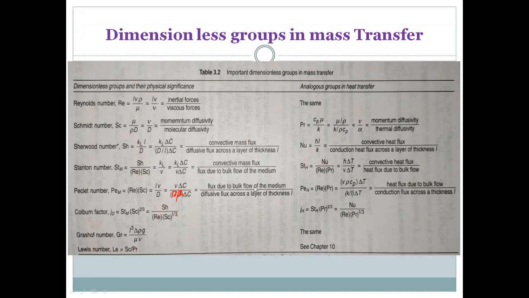Then the Stanton number for heat transfer is convective heat flux by heat flux due to bulk flow.